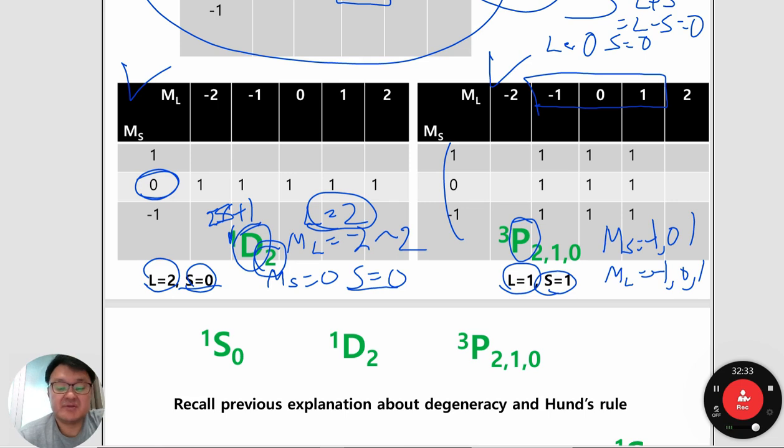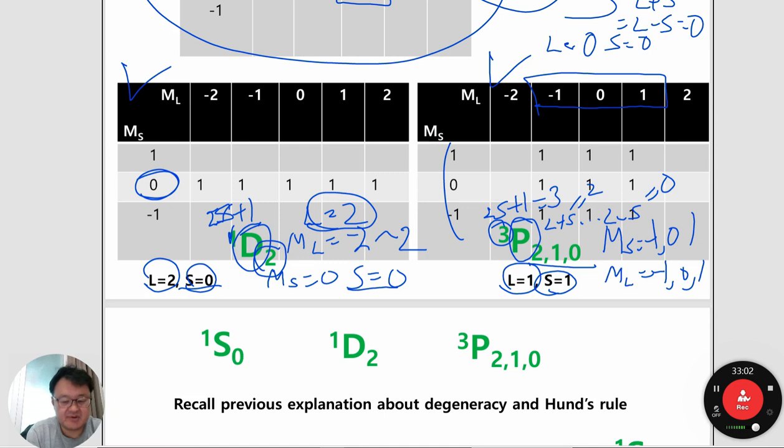Spin multiplicity, 2S plus 1: if S is 1, then 2S plus 1 is 3, so you have 3 here. And then with L 1 and S 1, J goes from L plus S to L minus S. L plus S is 2, L minus S is 0. So 2, 1, 0: all three different J values are possible in this case.